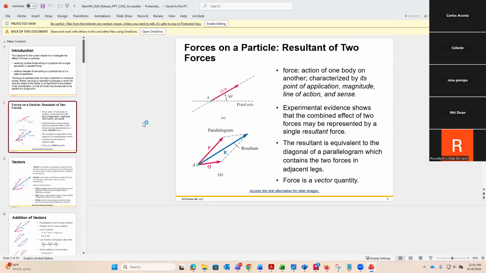The macro scale is what we're learning right now, the Newtonian view of classical dynamics, classical physics, where the object could be a small soccer ball or a huge planet. And then its force is going to produce an acceleration.